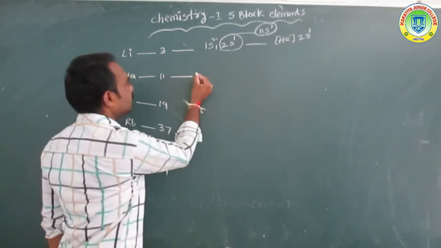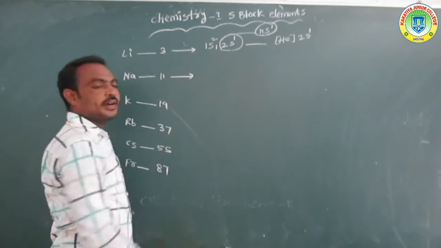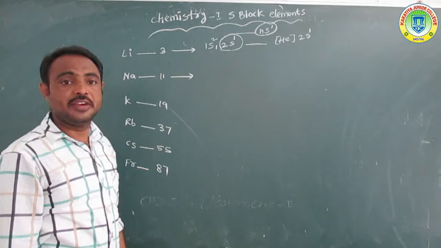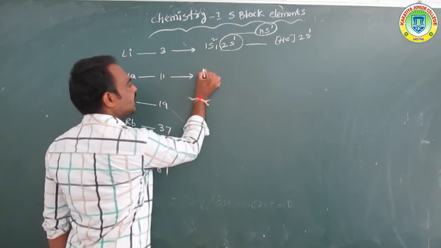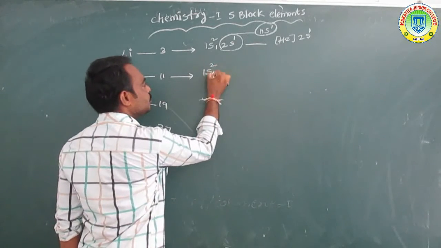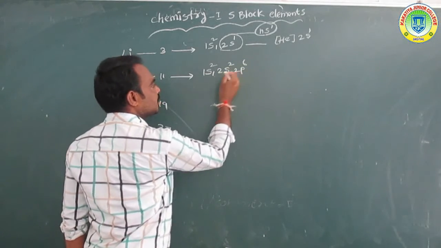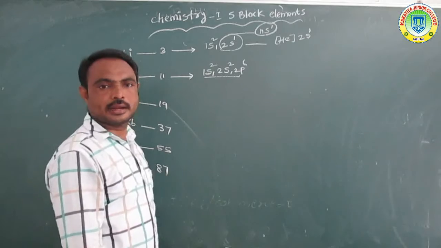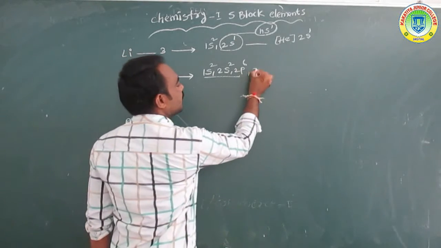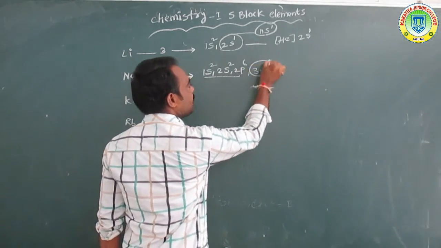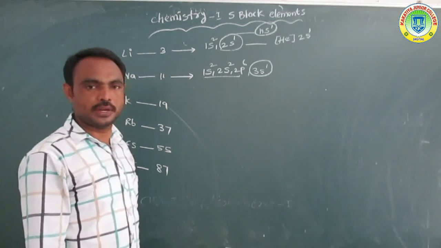Next, sodium with 11 electrons. We write the electronic configuration 1s2, 2s2, 2p6, so a total of 10 electrons. The remaining is 3s1.